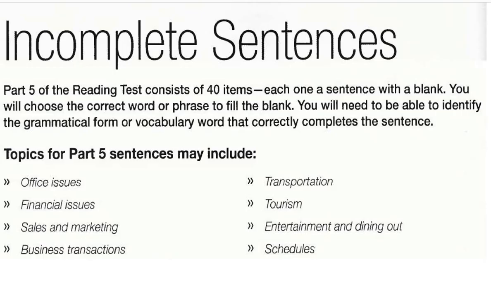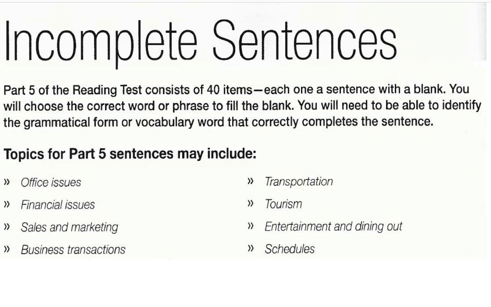The incomplete sentences part of the reading section consists of 40 items, and each one is a sentence with a blank. You need to choose the correct word or phrase to fill the blank. You will need to identify the grammatical form or vocabulary word that correctly completes the sentence.